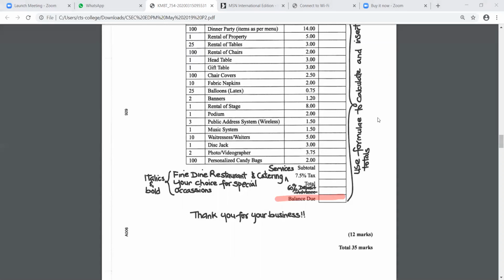So when you type in the document, where you see A and B, you replace the letters A and B with the actual figures that you have here. Understood? So 60% of deposit, whatever answer you get there, that's the answer that has to go for A. Of the contract cost, what was the overall cost? Subtotal, tax, which one gave us the actual cost?